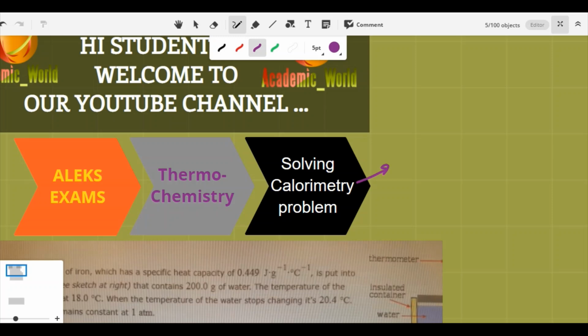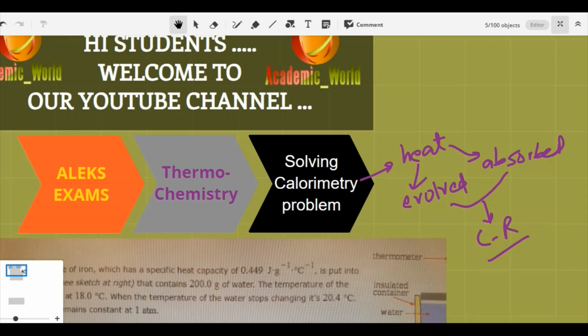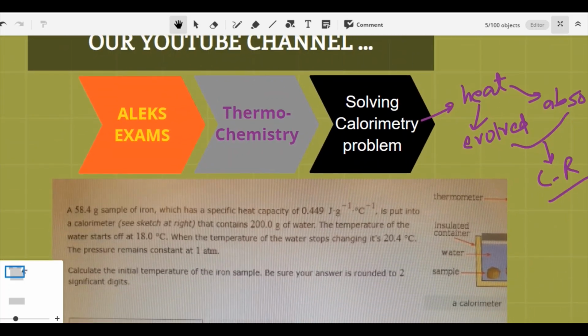Calorimetry is the heat that may be evolved or absorbed during a chemical reaction. Now we are going to start the questions related to calorimetry.